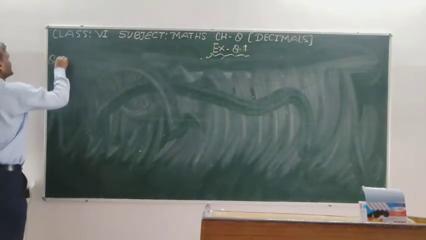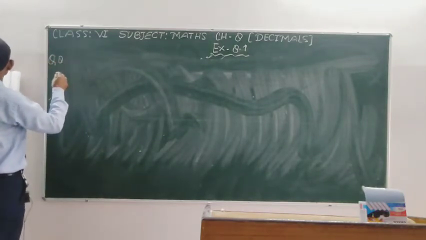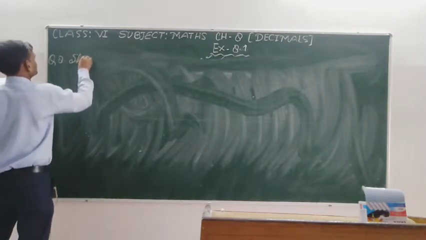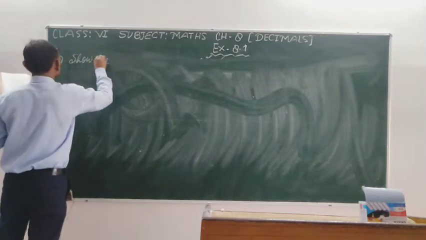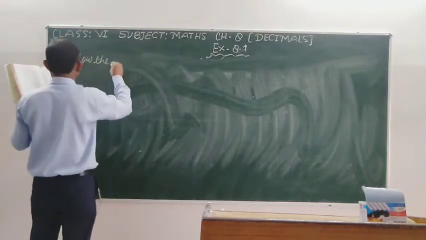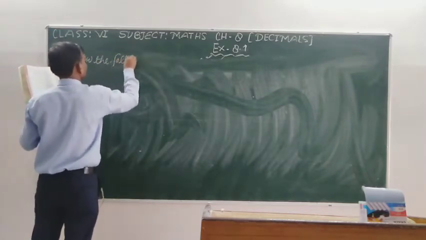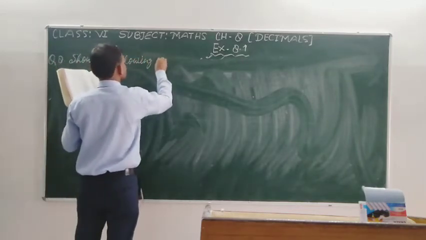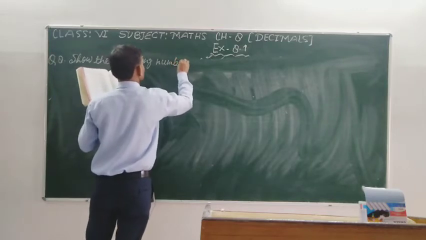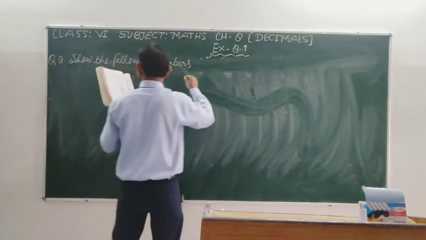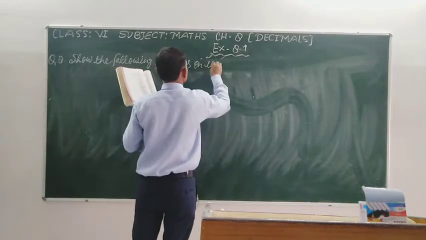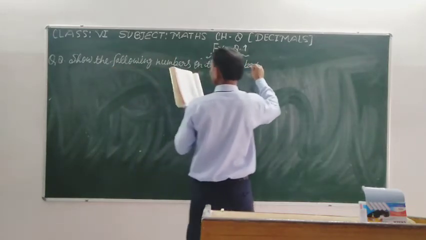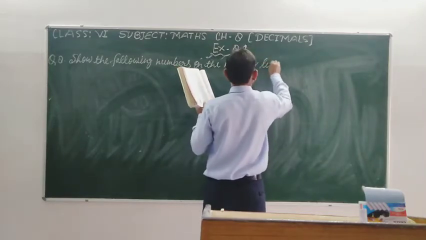Question number 8 is saying, show the following numbers on the number line.